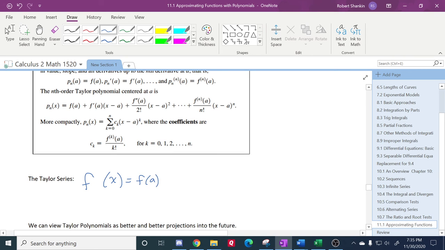Now, the a that we were just using was 0. But it doesn't have to be 0. Plus f prime at a over 1 factorial times x minus a.